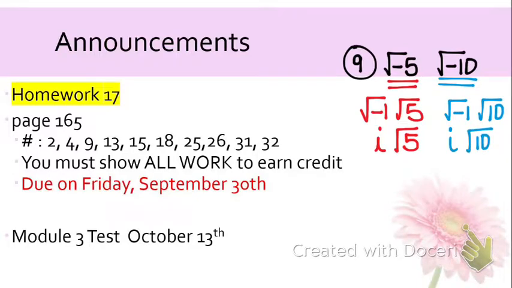So now you're ready to multiply i times i, which is i squared, and 5 times 10, which is root 50. So apart, they couldn't be simplified. The root of 5 couldn't be simplified, and the root of 10 couldn't be simplified.